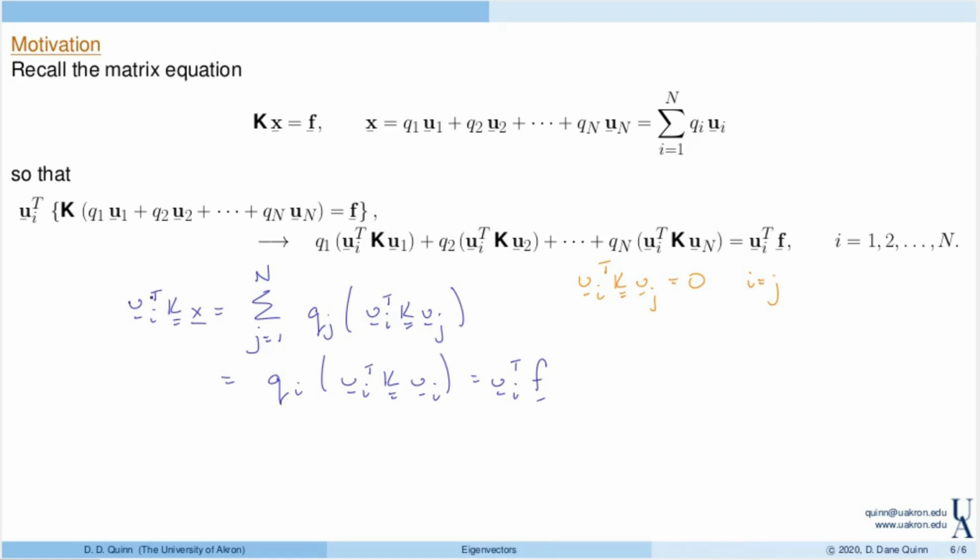So basically, this left-hand side reduces down to a single term. So we can solve this. In particular, q_i is u_i transpose F divided by this, which of course depends on how we normalize the eigenvectors.